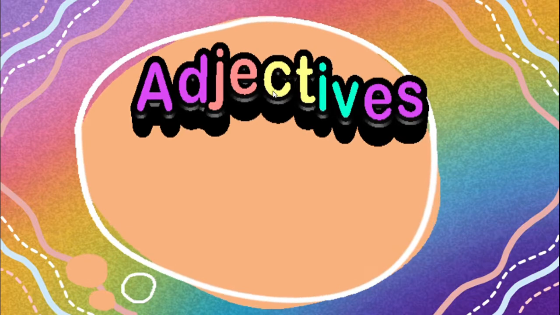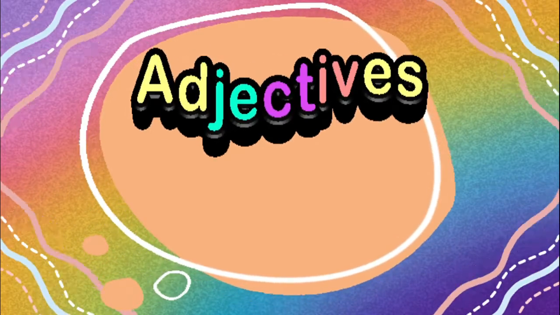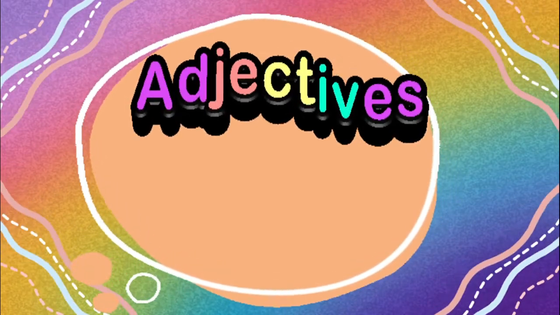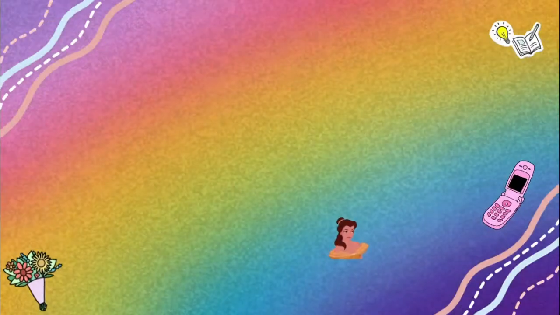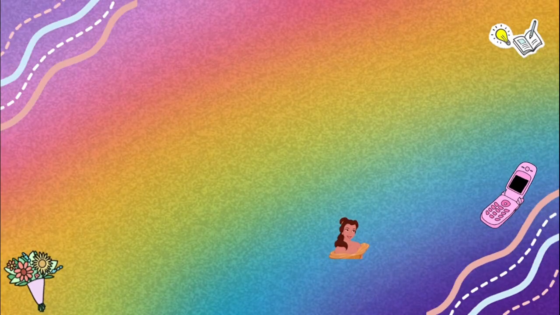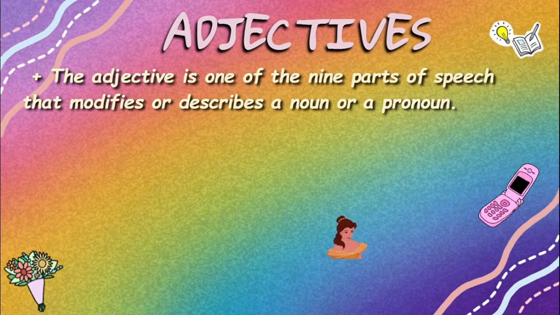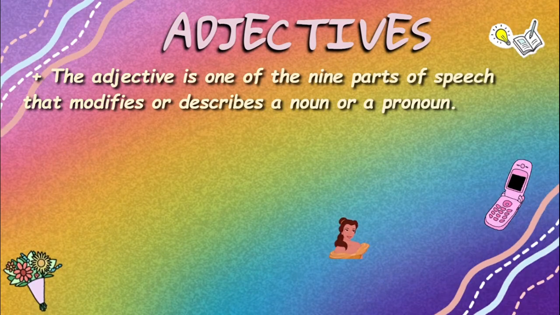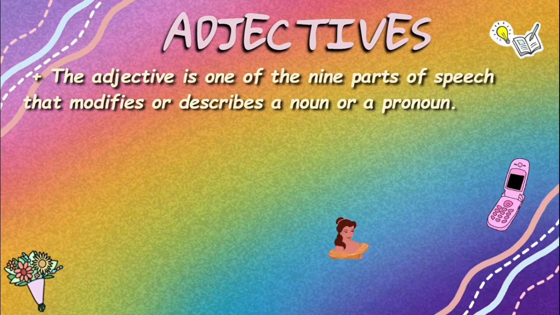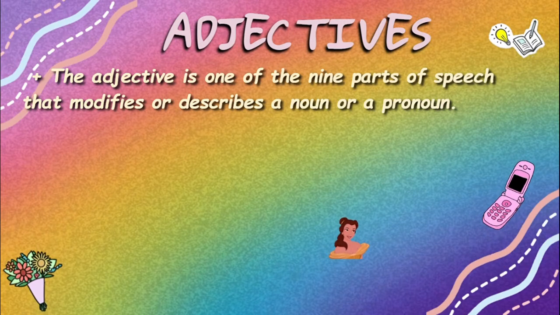As I mentioned, the topic of this video is adjectives. But Betsabe, what are adjectives? Don't worry, let me explain. The adjective is one of the 9 parts of speech that modifies or describes a noun or a pronoun.